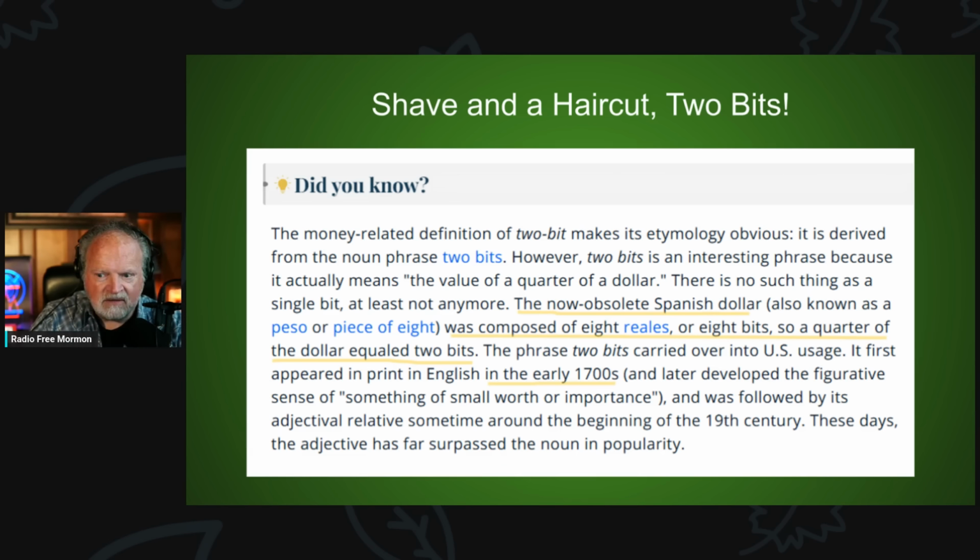So a quarter of the dollar equaled 2 bits. The phrase 2 bits carried over into U.S. usage. It first appeared in print in English in the early 1700s and later developed the figurative sense of something of small worth or importance.